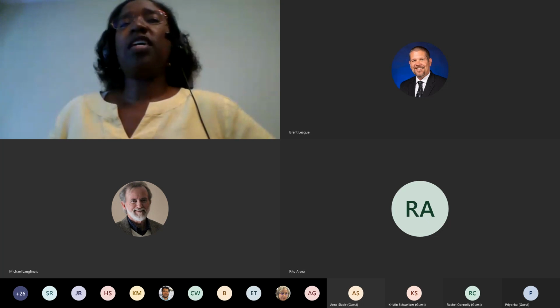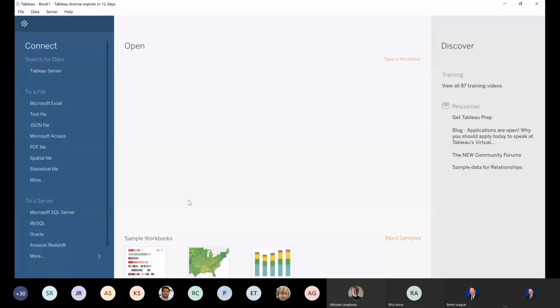As long as you're a student, you would have access to it. If you're not a student, unfortunately, I think you will have to pay for it, especially if you're doing research with the data and you want to be able to use Tableau for that.